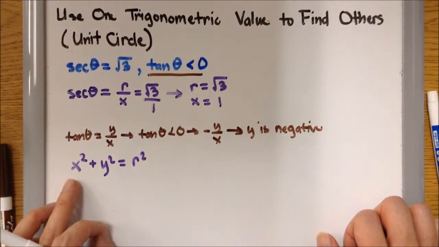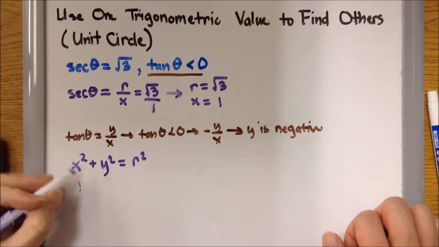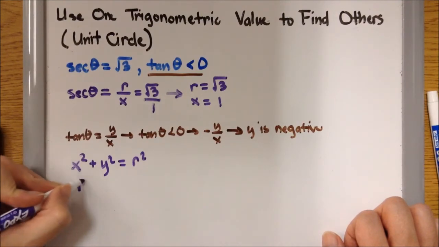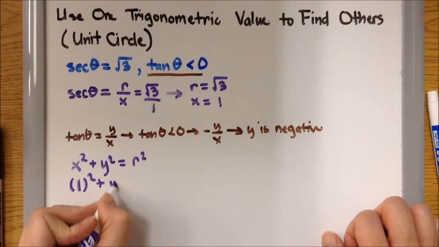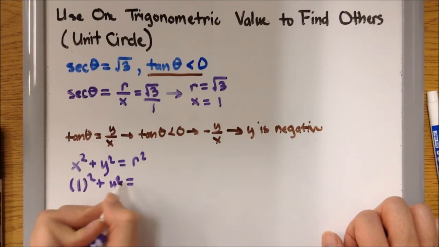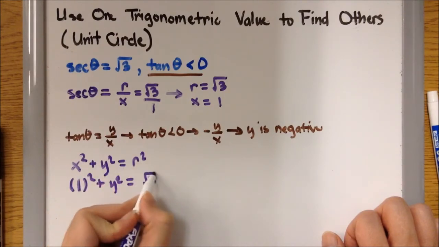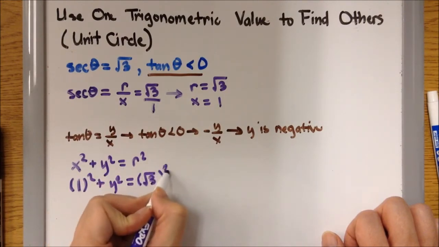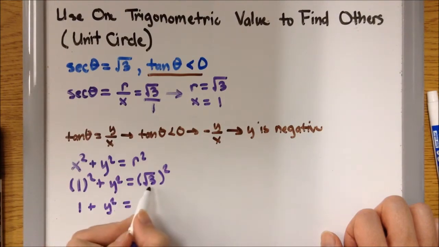Since we know our x value, we're going to plug it in. So 1 squared plus y squared is equal to r squared. So r is square root of 3. Now when we square each, 1 squared is just 1, plus y squared equals, the square root of 3 squared will be 3.